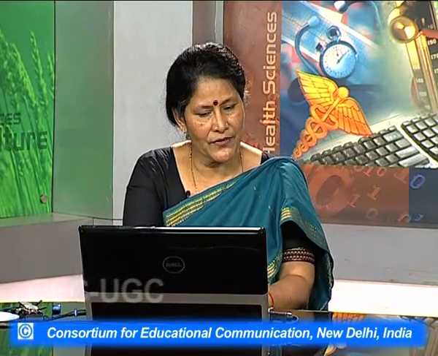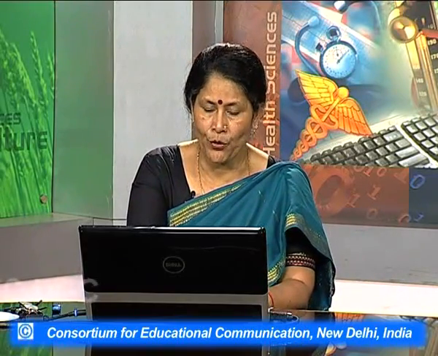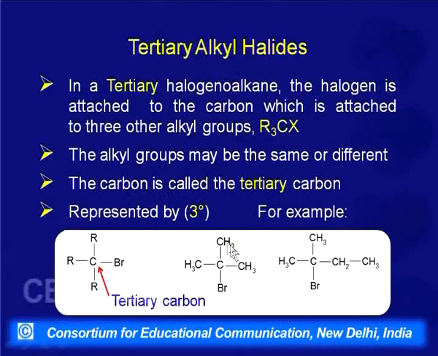See, this is the generic form of this particular tertiary carbon, where we have 3 alkyl groups attached to the carbon, which is attached to the bromine atom. Here is an example. We have tertiary butyl bromide. The carbon is attached to 3 methyl groups.